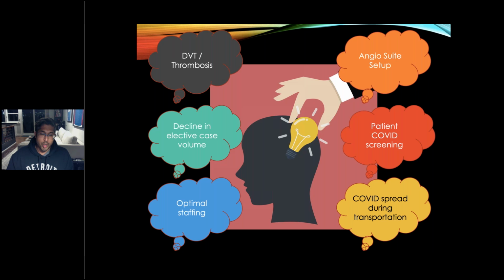But is there a way for us to treat patients maybe outside the angio suite, or maybe there's a way to properly screen patients and let them know that there's a safe alternative to being treated, maybe without being exposed to other patients, and let them know somehow that they can have an elective fibroid embolization, they can have an elective prostate artery embolization, things like that that technically can wait, but certainly are life-affecting ailments, and that people want to be treated even during this time of COVID.